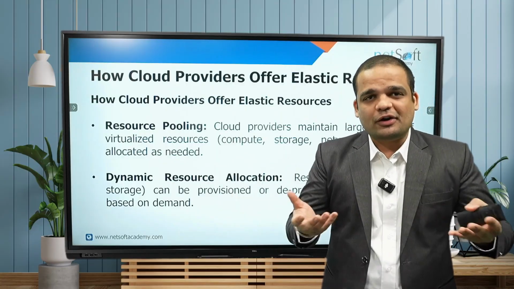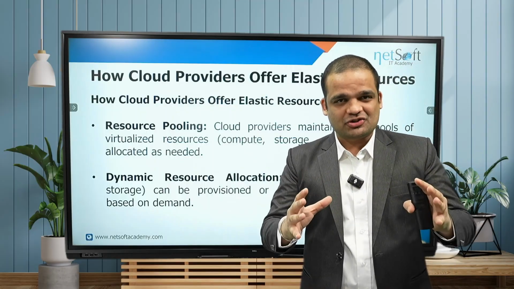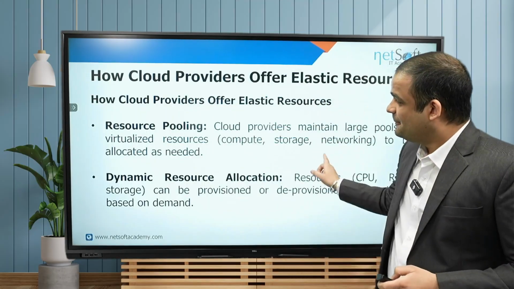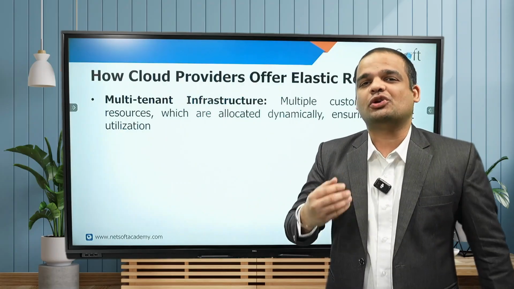So this shuffling of resources makes it possible that the overall cloud infrastructure is very elastic. The next is multi-tenant infrastructure, where multiple tenants use the same resources, but in isolated bubbles. So here, I can say multiple customers share the same infrastructure, with resources dynamically allocated to ensure efficient utilization.